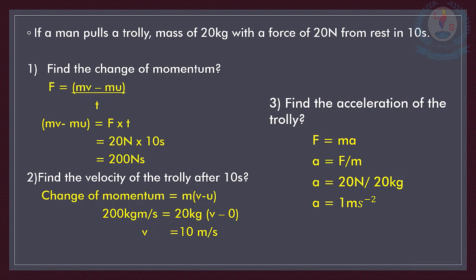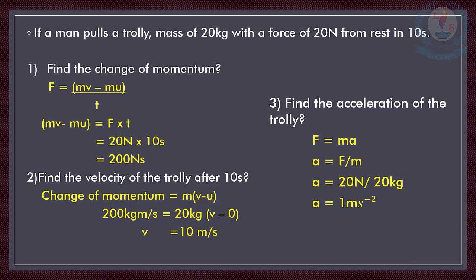We can rearrange this equation as mv minus mu, which is the change in momentum, equals F multiplied by t. So we get the answer as 200 newton seconds or kilogram meters per second.